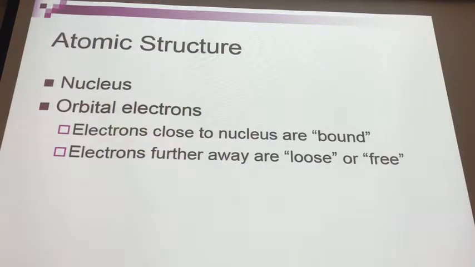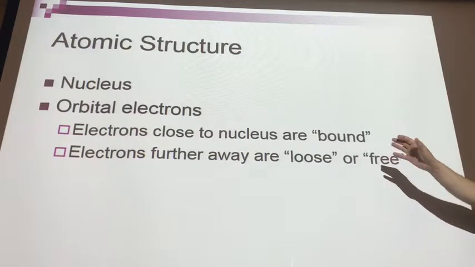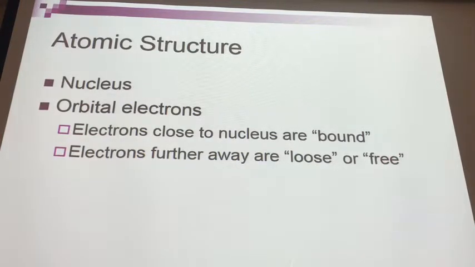It's mostly empty space. And so electrons that are close to the nucleus, those in the K shell or in the L shell, are called bound, because they are so close to it. They're called bound not only because they're close to the nucleus, but because the binding energy exerted by the nucleus on them is a lot stronger.